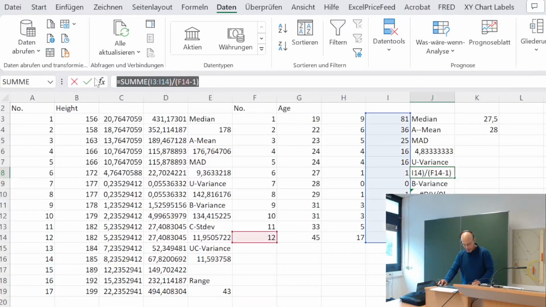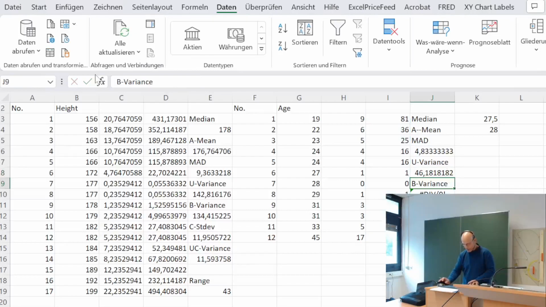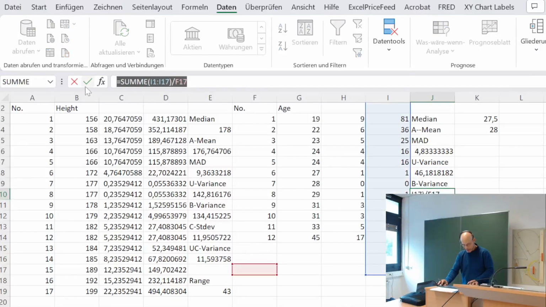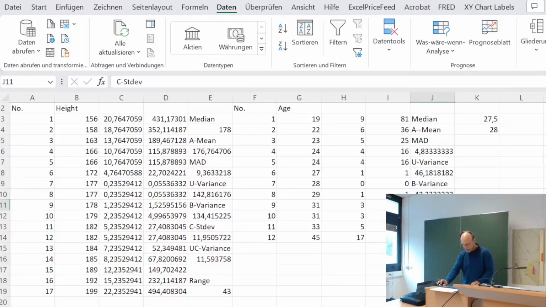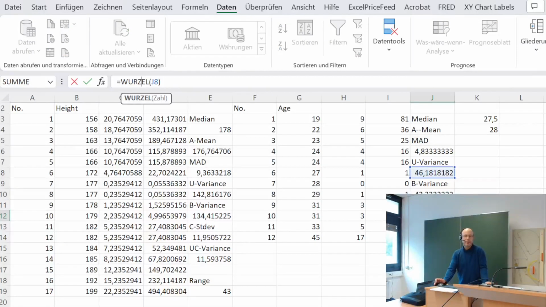Yeah, and then we take this formula here, down here, skipping the minus 1. And here we directly see that everything has been copied in the right way, because this was just referring to the biased and unbiased variance.